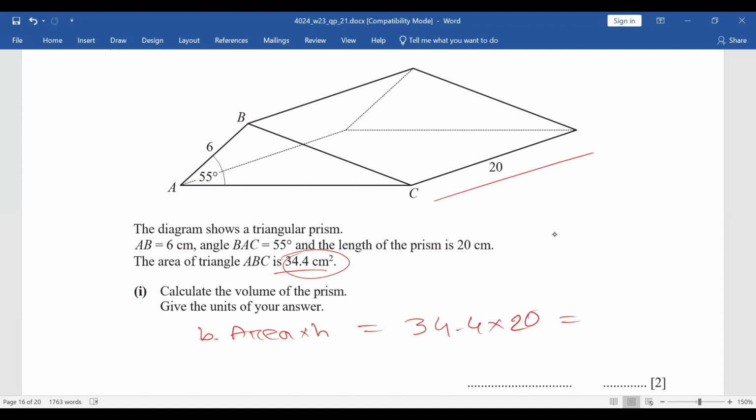Just multiply 34.4 by 20. It is 688. And what's the unit? The unit of this area is centimeter squared, and this length is 20 centimeters. So the unit of the volume will be centimeter cubed or cubic centimeters.